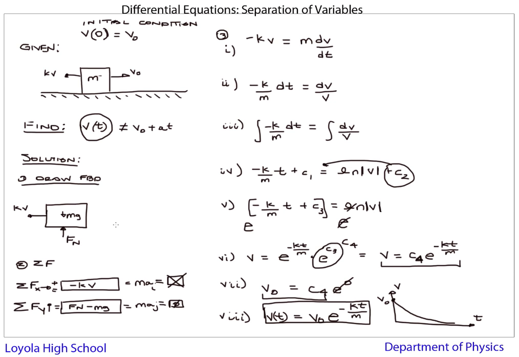But in this problem, we took a look at a situation where we had a non-constant force acting, a force dependent on its velocity. So we used the force model to draw an FBD, we summed our forces, and we wrote a differential equation simply by using the substitution a is equal to dv/dt, and in this particular problem we used the technique of separation of variables.